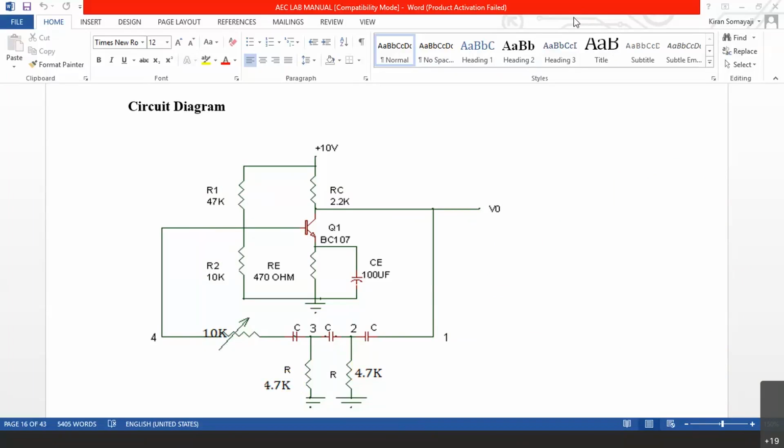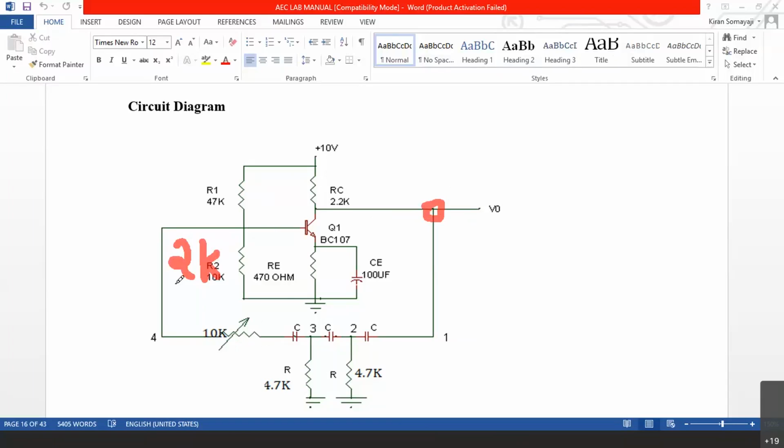Now let us say the input impedance here is 2K. When you switch on this circuit, immediately you may not get the output at all here, because this may be 10K, and here it is 2K. 10K is in series with 2K. You visualize Zi with respect to ground here.